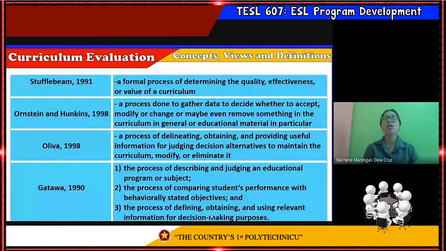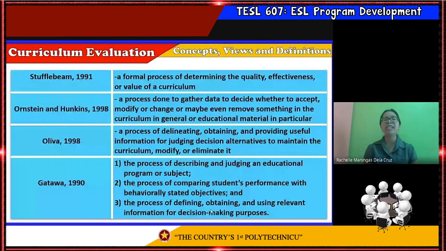According to Stufflebeam in 1991, curriculum evaluation is a formal process of determining the quality, effectiveness, or value of a curriculum, while Ornstein and Hunkins in 1998 viewed curriculum evaluation as a process done to gather data to decide whether to accept, modify, change, or maybe even remove something in the curriculum in general or educational material in particular.